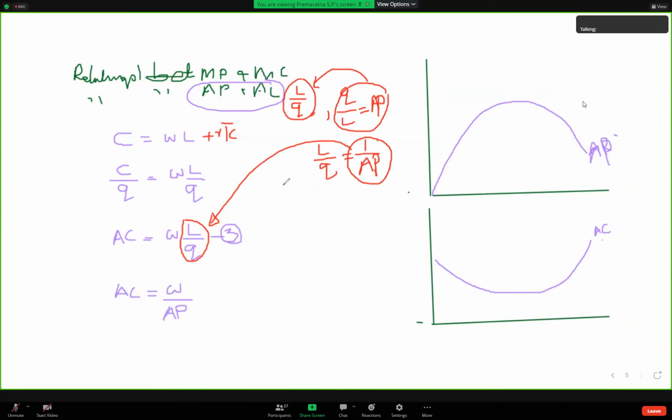Now imagine, look at the situation: wages are market driven and fixed, given the wage. Average product increases. To satisfy this equality, average cost must decrease. So you can see average product increases, average cost decreases.